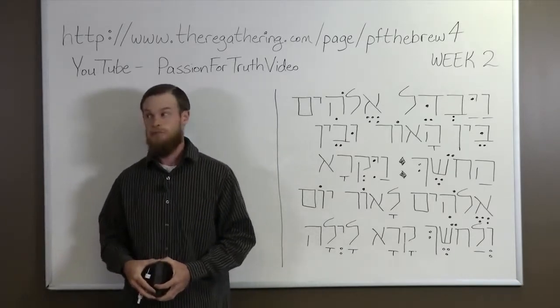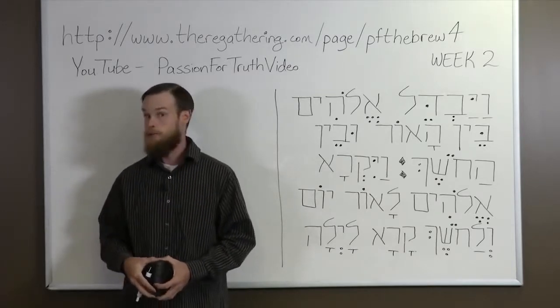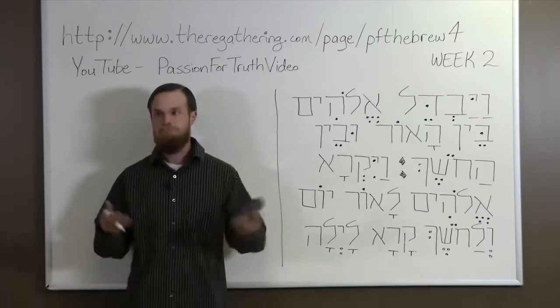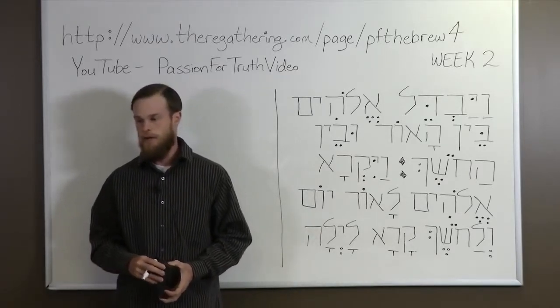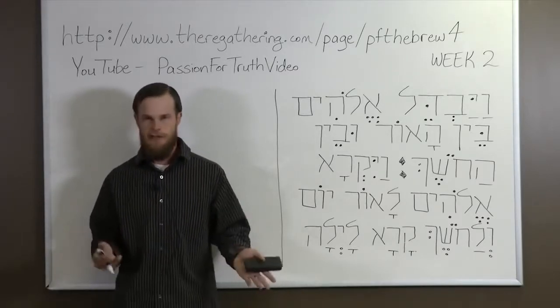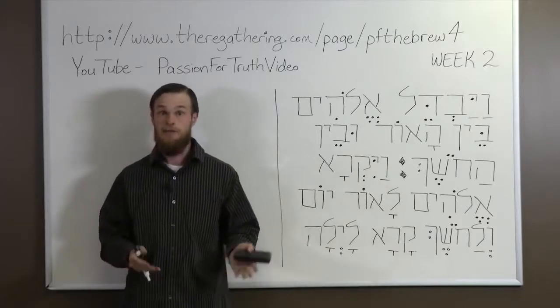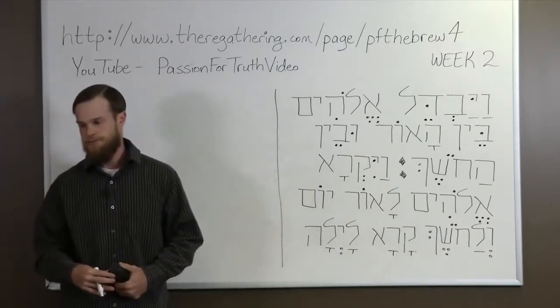You could also say, let light be, let light exist, let light come to be. Any of those things would be possible translations, but the gist of it is, God wants light to exist.